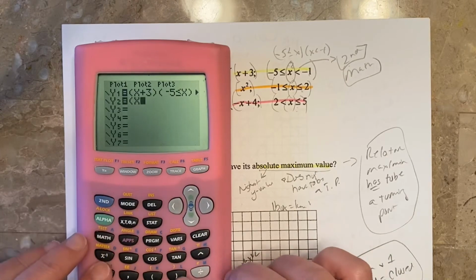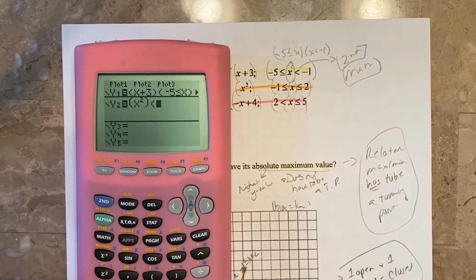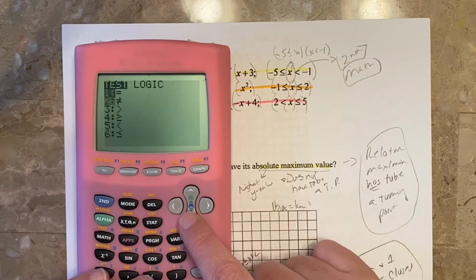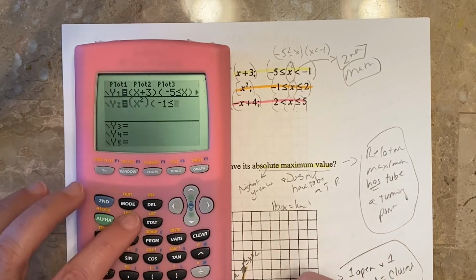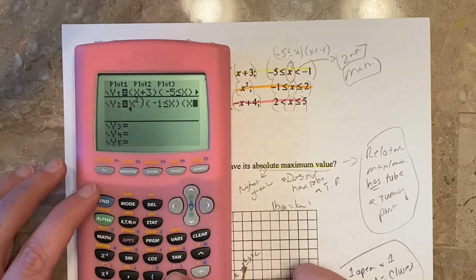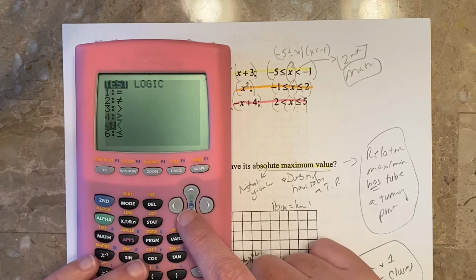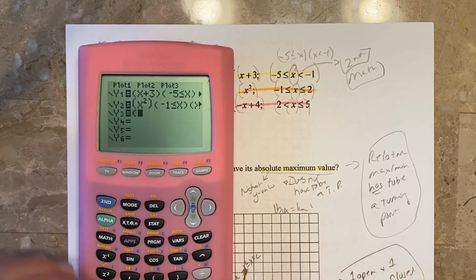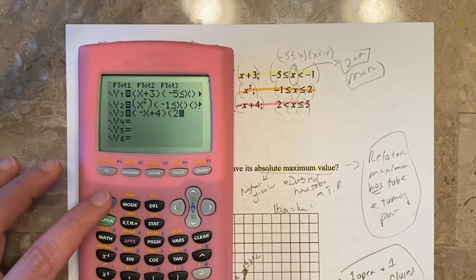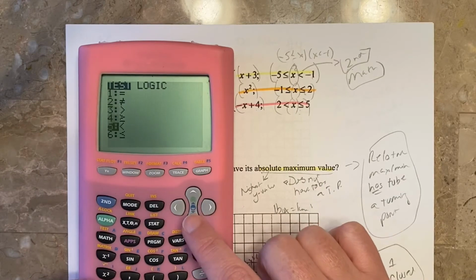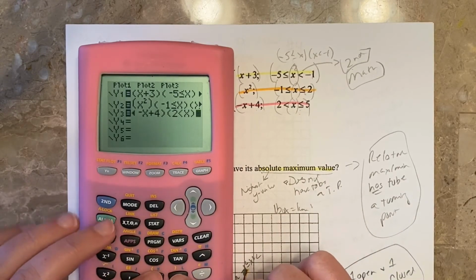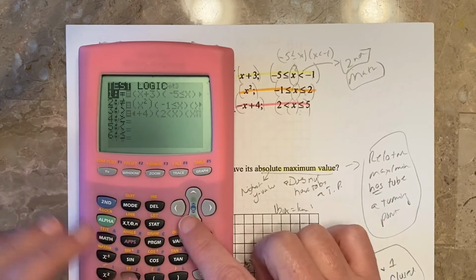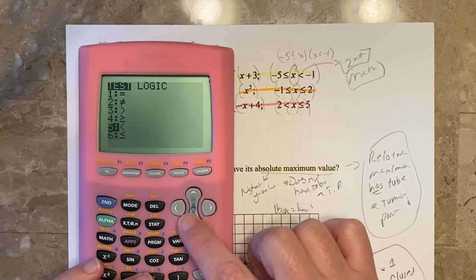Next one in parentheses, x squared, and then -1 is less than or equal to x, and x, second math, is less than or equal to 2. And last one, parentheses, -x plus 4, another parentheses, second math, less than x, and then x is less than or equal to 5.